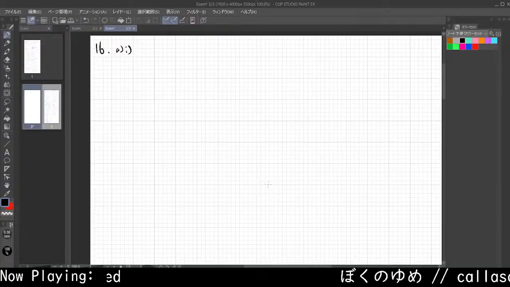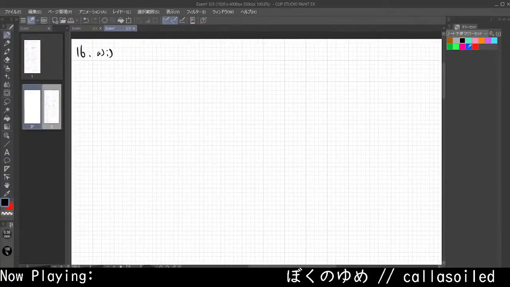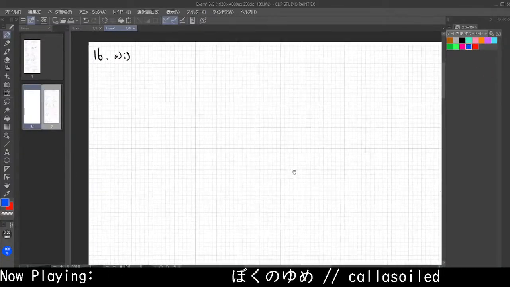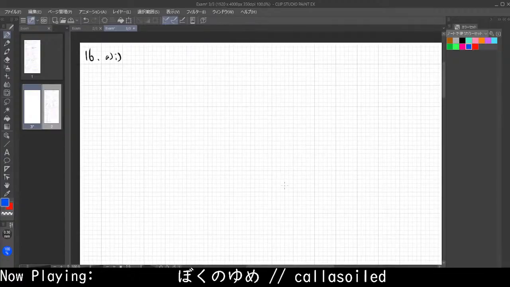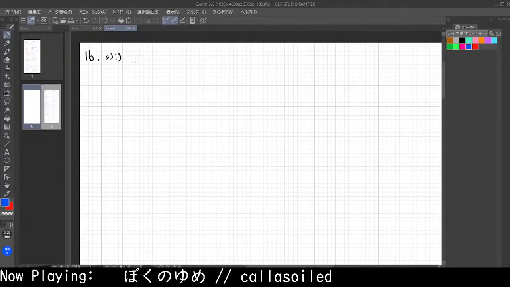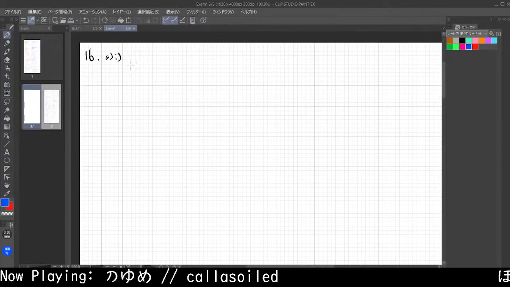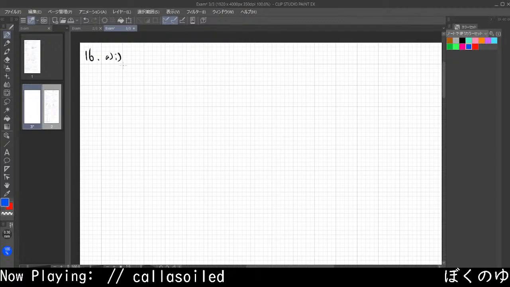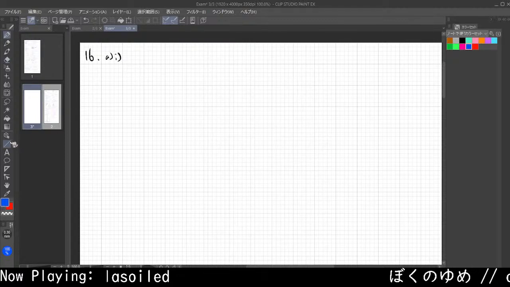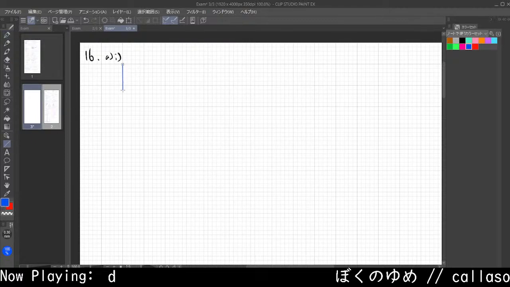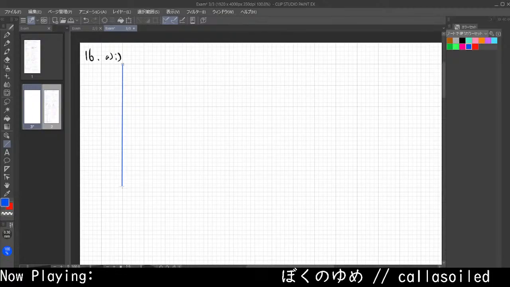Then let me draw the line. Okay, assuming that one box is 2 cm, I will draw 6 boxes. Let me use the line 2 for this. 1, 2, 3, 4, 5, 6.